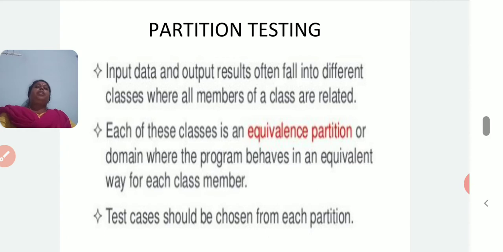For example, in a program performing addition, subtraction and multiplication with the same inputs, we relate the inputs for the different cases. Each of these classes is an equivalence partition, where the program behaves in an equivalent way for each class member. Then test cases should be chosen from each partition.